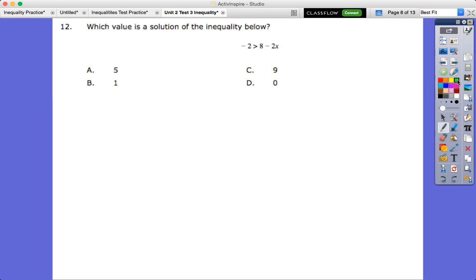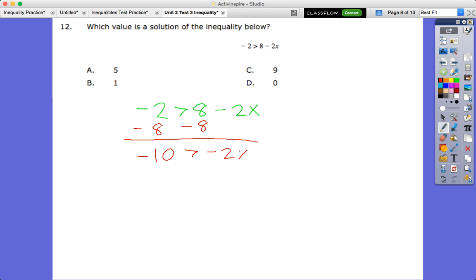All right, which value is the solution of the inequality below? The first thing I'm going to do is subtract 8 from both sides because I've got to get the variable by itself. Negative 2 minus 8 is negative 10. My next step is to divide both sides by negative 2. Negative 10 divided by negative 2 gives me 5.